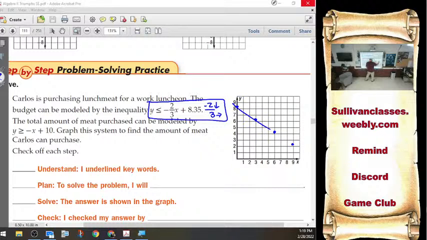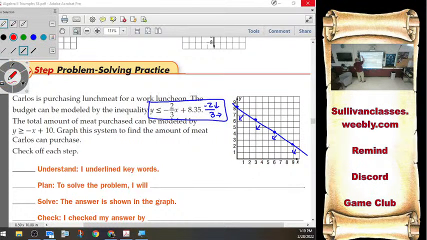I had to read the whole thing just to see it's solid. That says y is what then? The line. Less. So up or down? Down. Y's are less as I go downward. So I'm going to throw some arrows on here saying go that way.